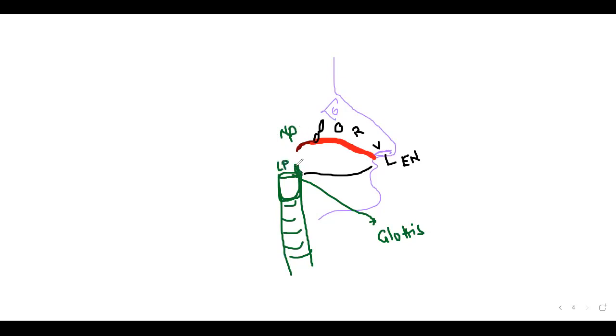And I think we have a lid also here. Do you remember the lid? The opening of the glottis is guarded by the epiglottis, which prevents the passage of food materials into the trachea.